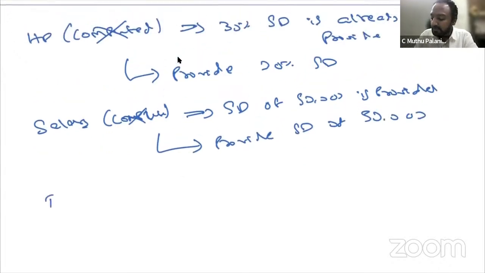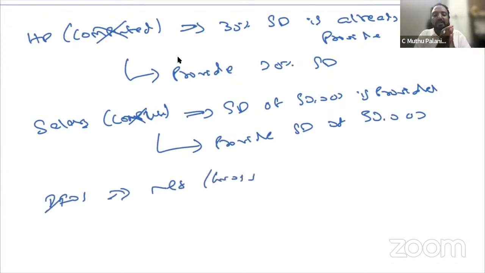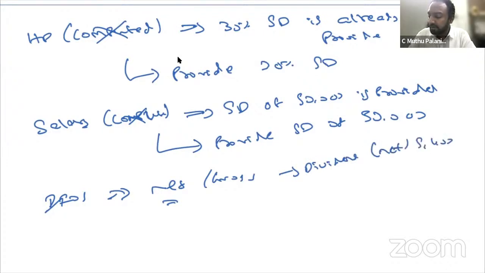Similarly, in income from other sources or everywhere, look for the word net or gross. When you say gross, which means it is before TDS, you have to take it as it is. But if the word is net, you have to back work. As in the dividend example, net is 5,400, which means 5,400 is equivalent to 90.